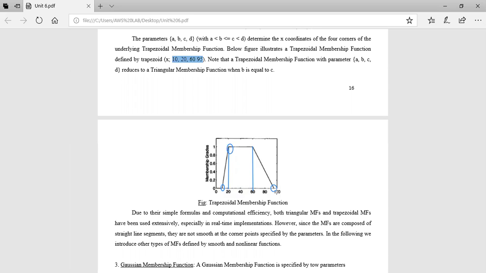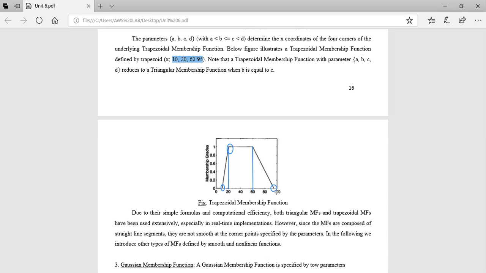See, due to their simple formulas and computational efficiency, both triangle membership functions and the trapezoidal membership functions have been used extensively, especially in the real-time implementation. So in real-time implementation we are going to use triangular and trapezoidal membership function. See, since machine learning is a subject of AI, in machine learning we are going to use sigmoidal membership function.